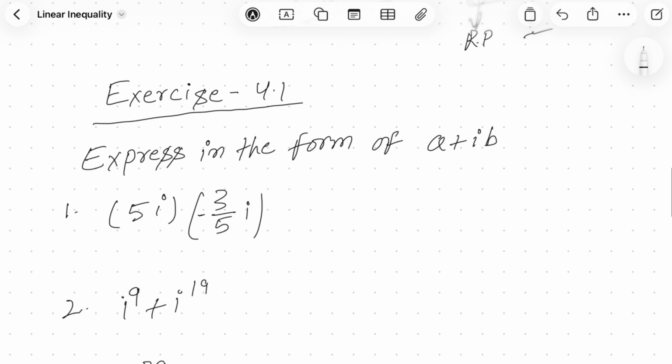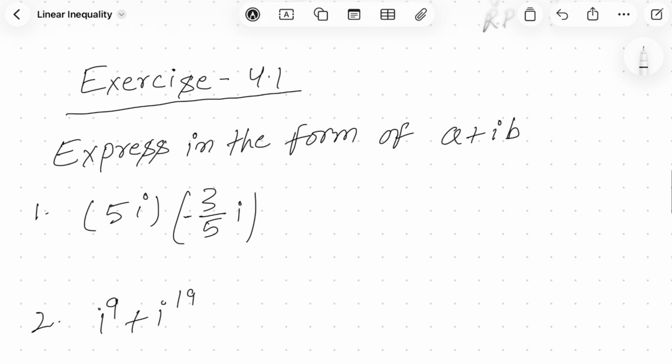In exercise 4.1, we first have to express in the form a plus ib. This a plus ib is the standard form of a complex number, and it is denoted with z. We are given 5i into minus 3 by 5.